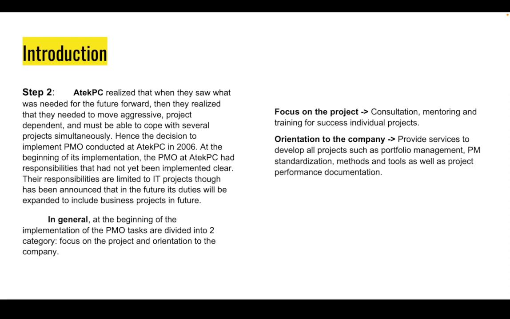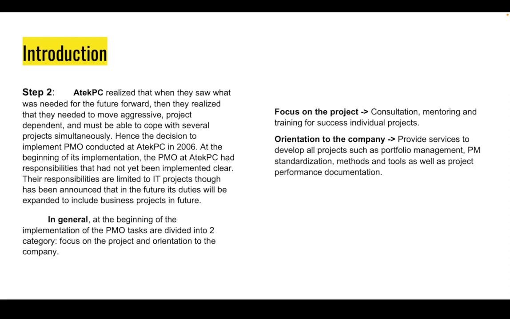At the beginning of its implementation, the PMO at AtekPC had responsibilities that had not yet been clearly defined. Their responsibilities are limited to IT projects, though it has been announced that in the future its duties will be expanded to include business projects.